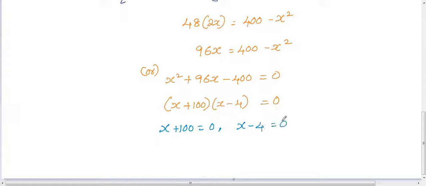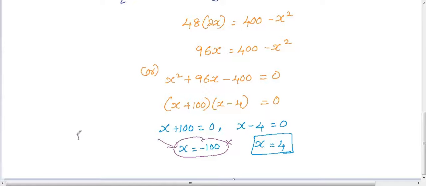So x is equal to negative 100, and another value of x is equal to 4. Speed is always a positive value, so just neglect the negative value; x equal to minus 100 won't apply here.